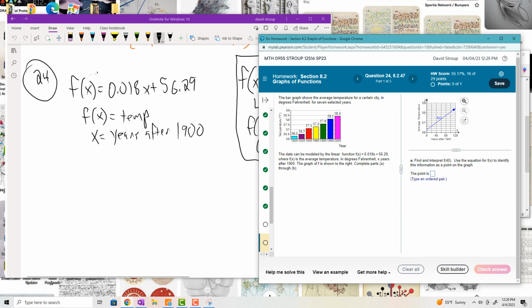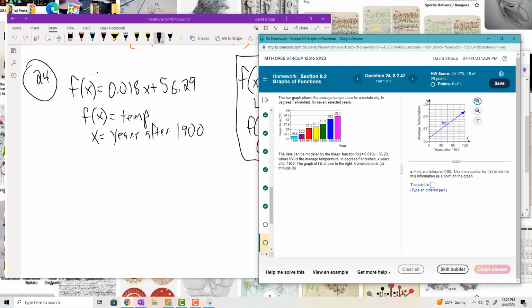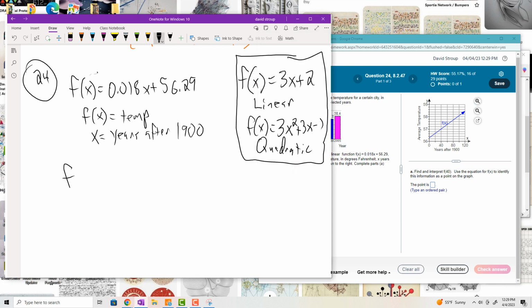I believe they want you to use the function itself rather than zoom in on the graph and find the point. So f of 40, you're just going to plug 40 in for x. You get 0.018 times 40 plus 56.29.